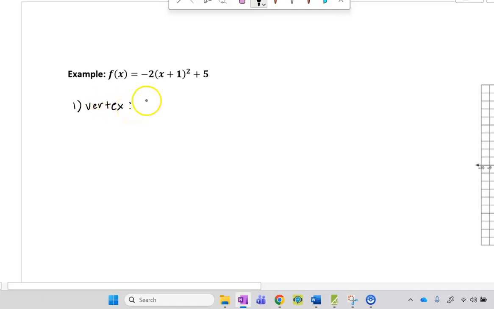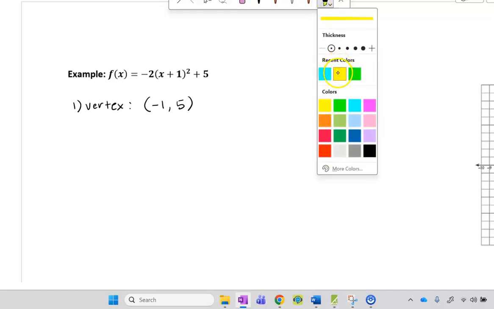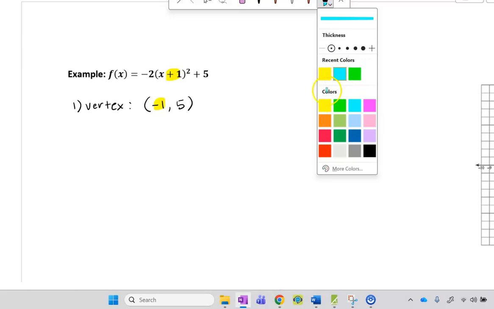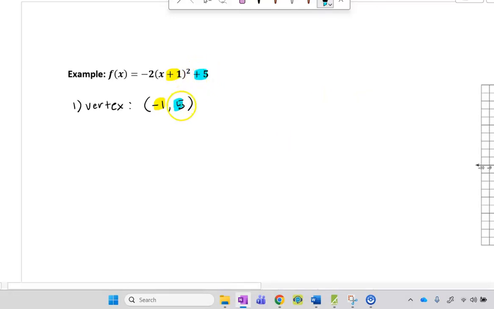and the vertex is going to be -1, 5, because remember, when it's in vertex form, you can see the vertex, you just change the sign for your x, but keep the sign for your y. So that's our vertex. Our y-intercept, we will have to find by plugging in 0 for x.